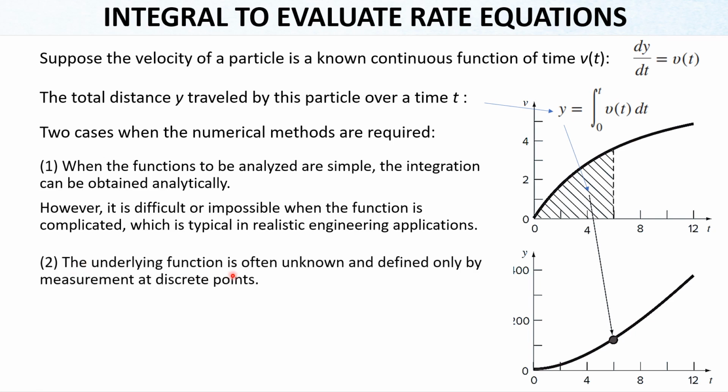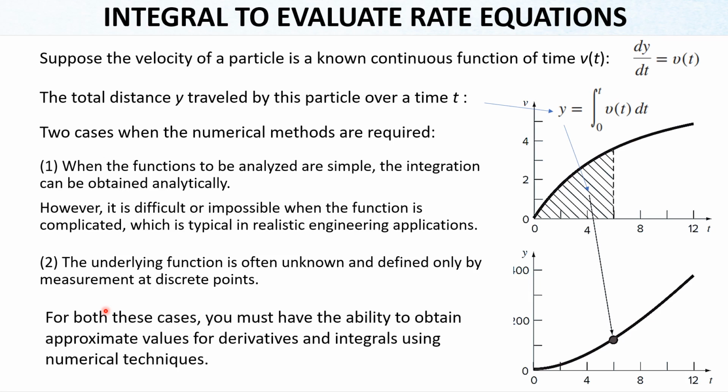That's why the underlying function is often unknown and defined only by measurement at discrete points, or it's difficult. Then we use numerical integration. For both cases, if it is difficult or impossible, if there is a function or no function but there are measurement data, we have to use the ability to obtain approximate values for derivatives and integrals using numerical techniques. So these numerical techniques will be important in engineering.